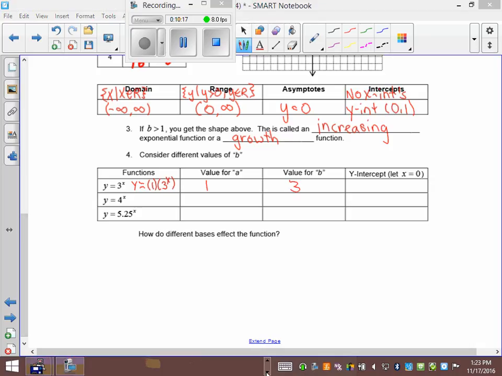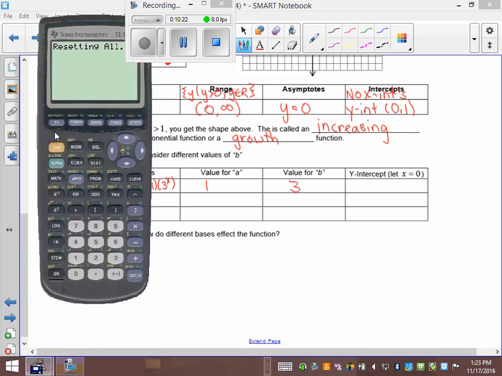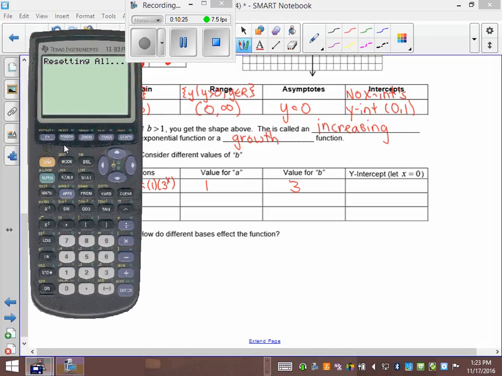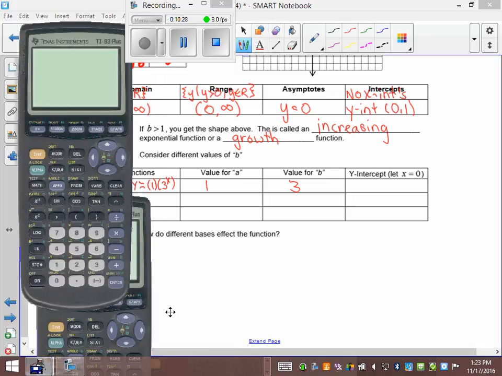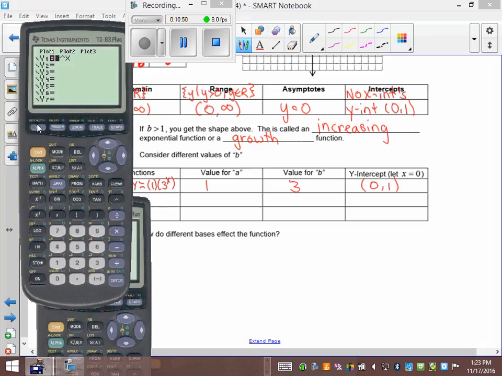If you put 3 to the power of x into your calculator, it still passes through 0, 1. Still has y-intercept at 0, 1. But I want to go like this. I want to go 2 to the power of x, and then 3 to the power of x.